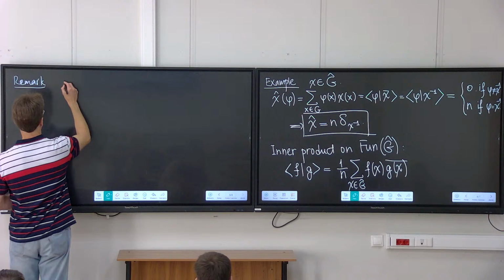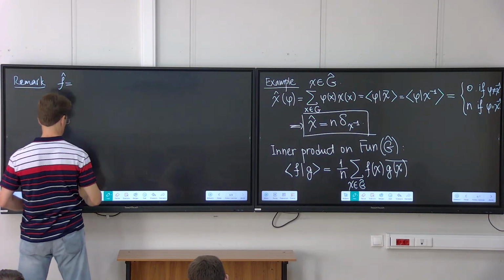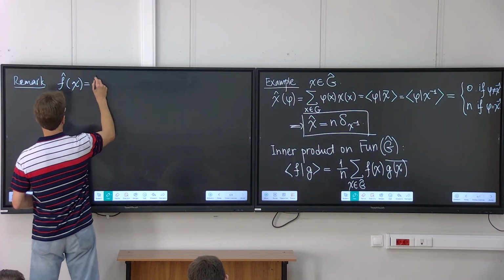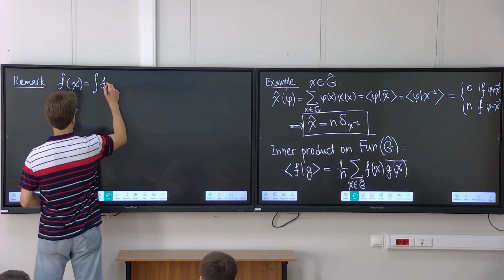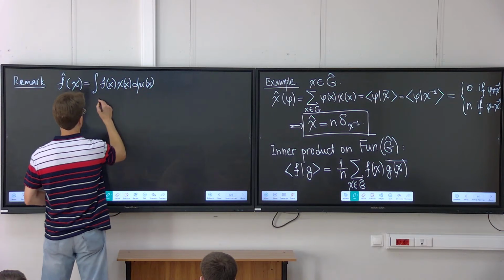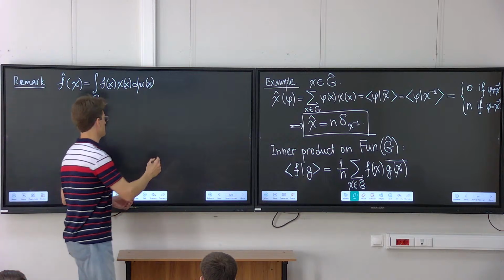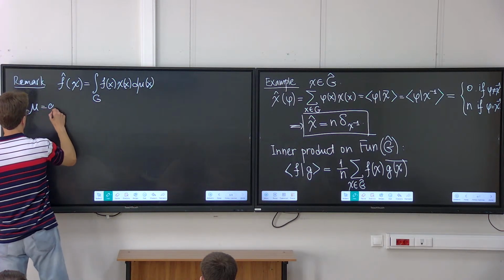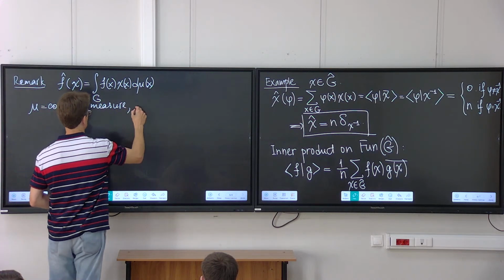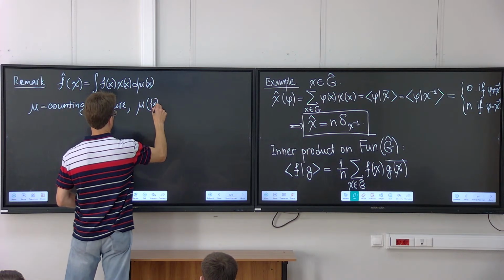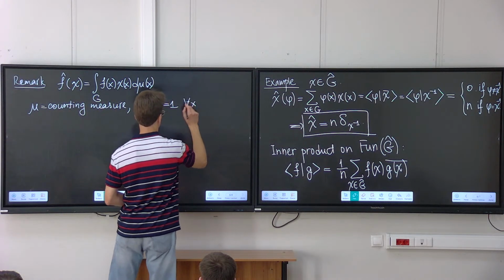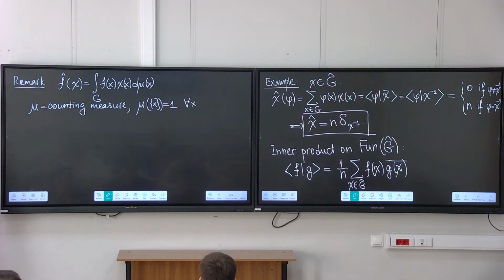So the Fourier transform of f can be written as the following integral, of f times chi of g, where mu is the counting measure, which is uniquely determined by the requirement that the measure of every point is equal to 1. Well, clearly the integral with respect to such a measure is just the summation.